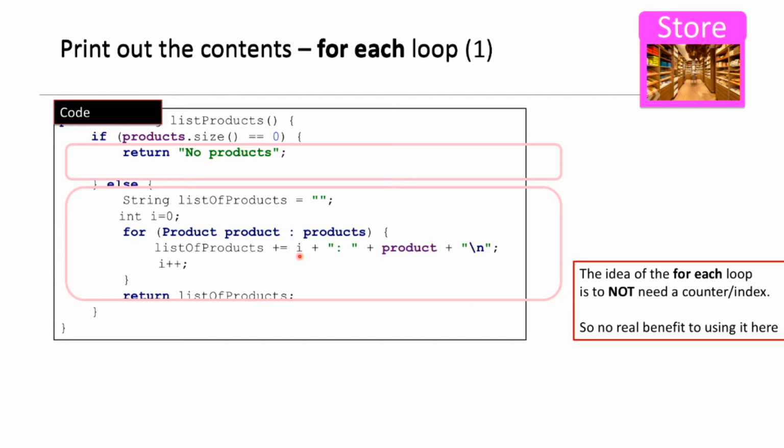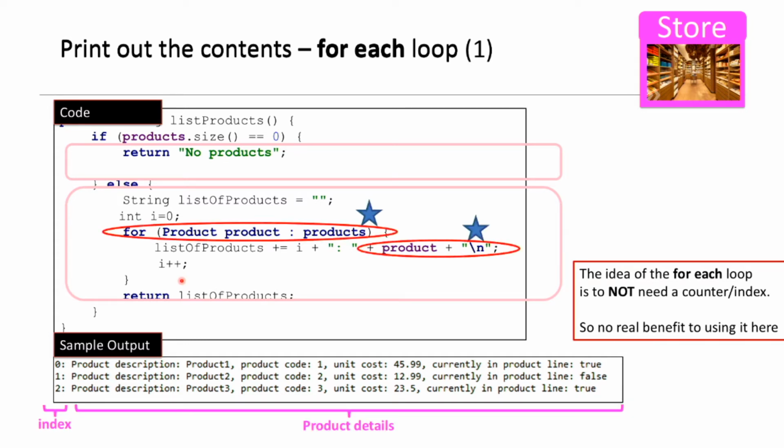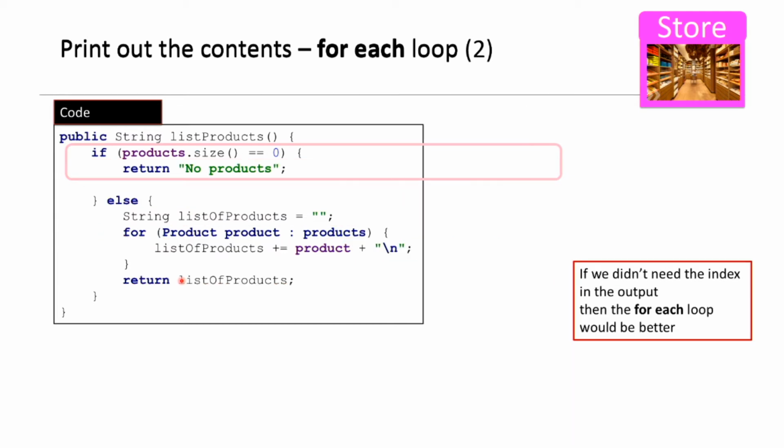If the requirement here is that we need to output the index, then there's no real benefit of using a for each loop, because we're still getting the same output, but we've had to create a quite messy approach to getting that index. Where it would have been of benefit is if we look at the next screen, which has the for each loop version 2.